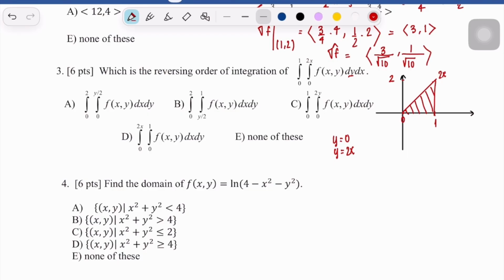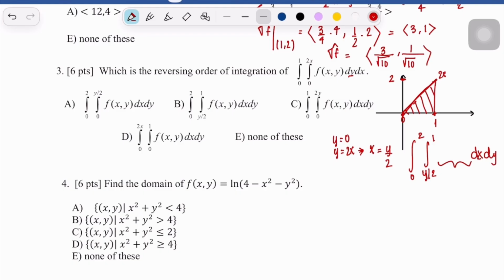And this is just the line y equals 2x. But if y equals 2x, then that means that x equals y over 2. And x goes from y over 2 to 1, right? Because it starts from this line and it goes up till 1. And for y, it ranges from 0 to 2. So 0 to 2, your function dx dy.